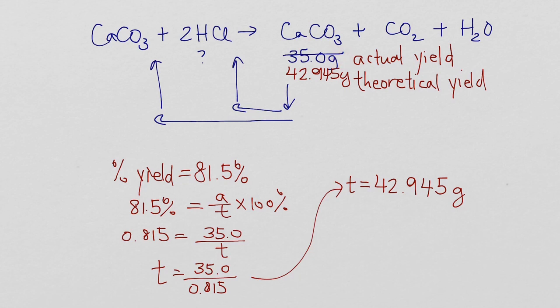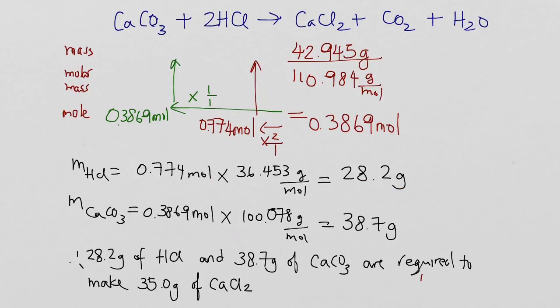We then use the percent yield formula to calculate the theoretical yield, and then we put that into our stoichiometric calculations, and from then on we determine the amount of moles required to make that many grams of calcium chloride. But knowing that the yield is 81.5%, when you plan on making this much, the reality is you only end up with 35.0 grams.